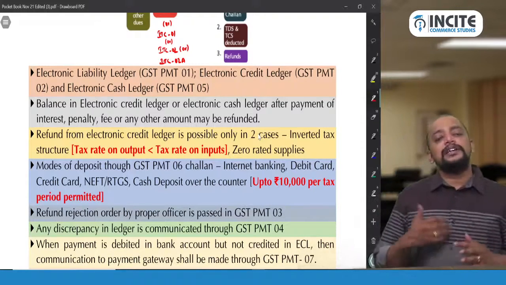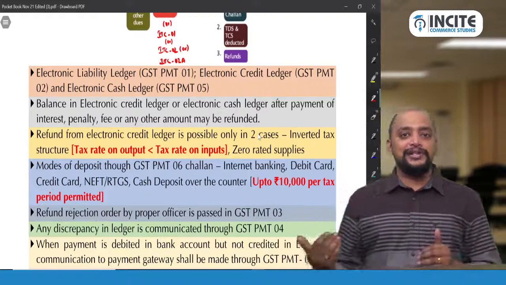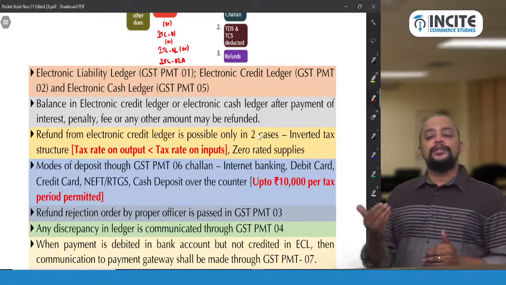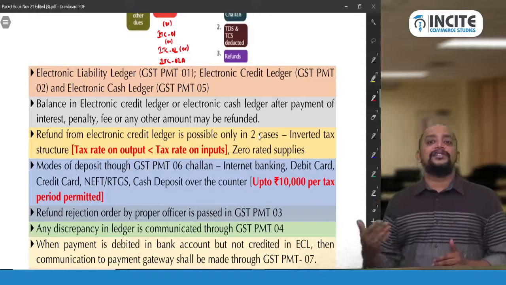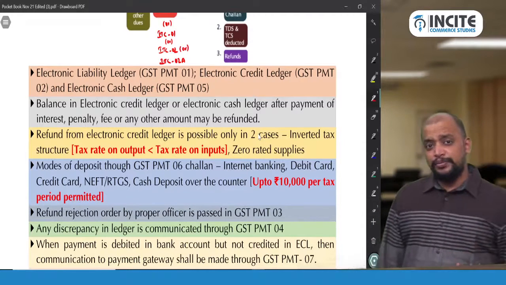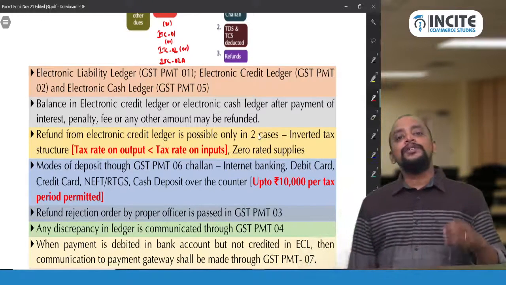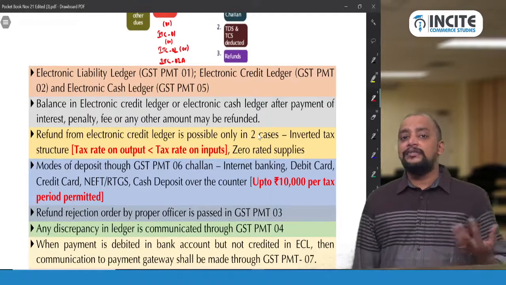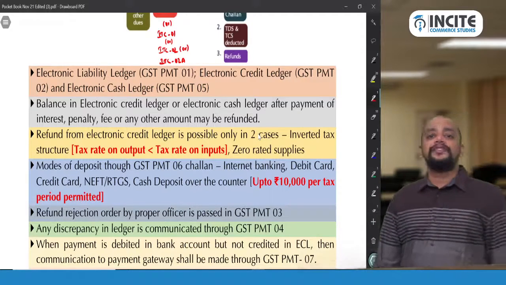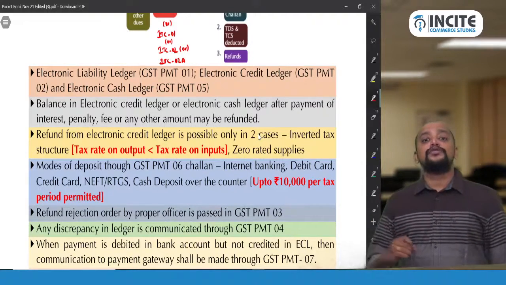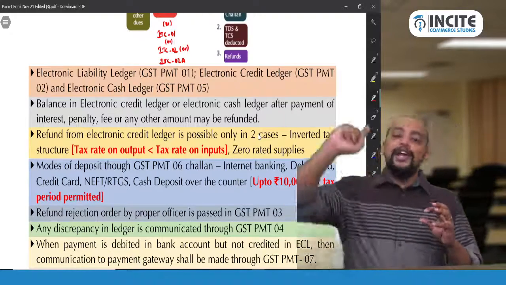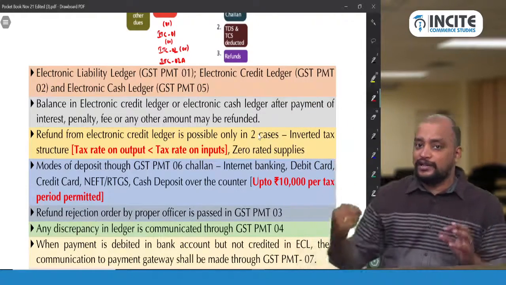Whenever we claim refund from the credit ledger and cash ledger, remember one important point: to that extent the credit ledger and cash ledger get debited. This is very important because for how much credit we can claim as refund, we have a formula in the refunds chapter: maximum refund equals net ITC into export turnover divided by adjusted total turnover.